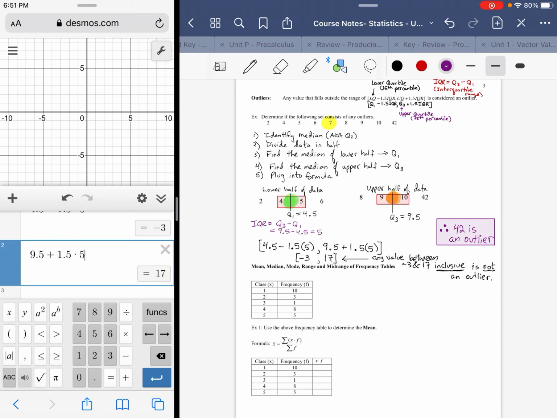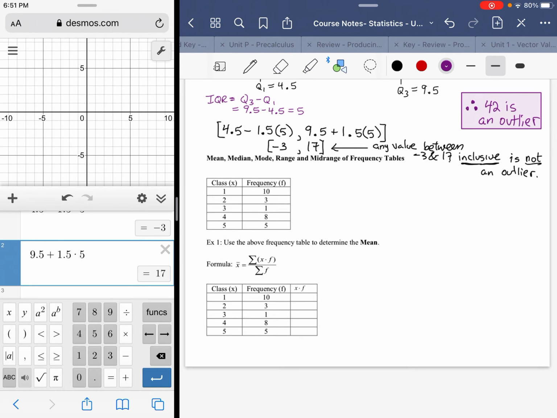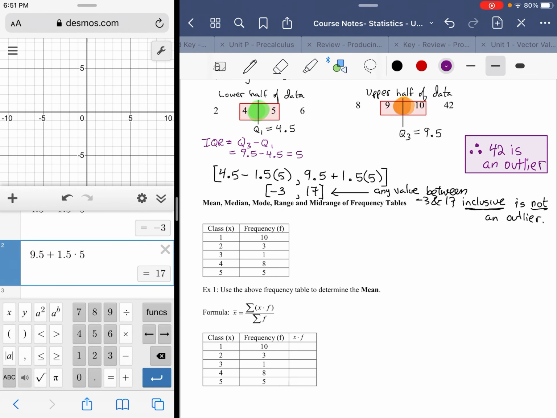All right, so we're going to shift gears and talk about frequency tables, and with those frequency tables, we have a new process for finding the mean. It's actually pretty simple, but the notation makes it seem a lot more complicated.